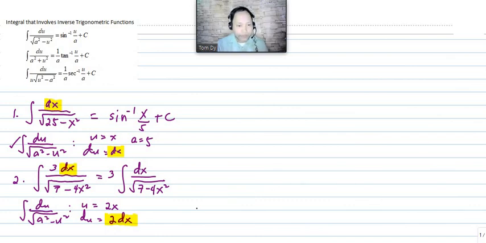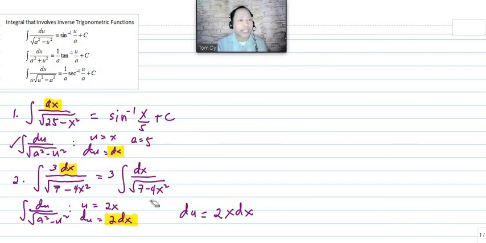However, if our du is equivalent to 2x dx, you have noticed this one is dx, this is x dx, then we cannot apply this formula in case our du equals 2x dx. Instead, we will be applying another formula.